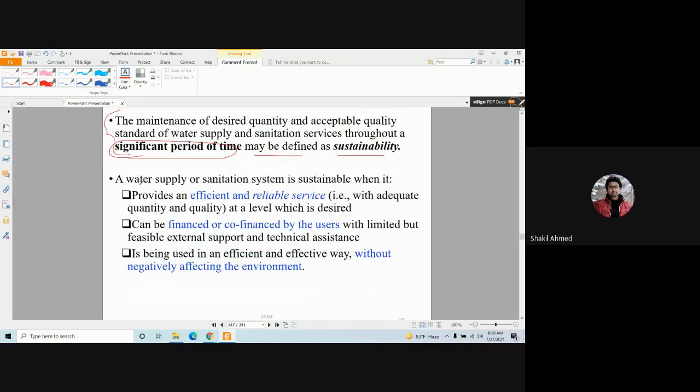Now, a sustainable water supply and sanitation service should be able to provide efficient and reliable service, can be financed or co-financed by the users, and is being used in an efficient and effective way without negatively affecting the environment.